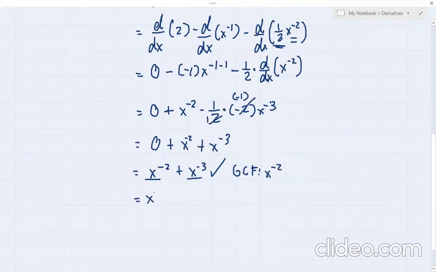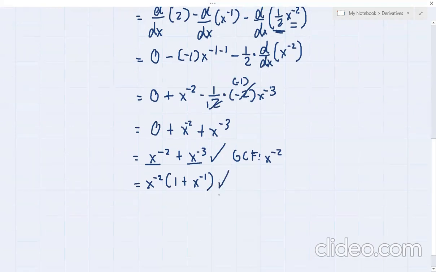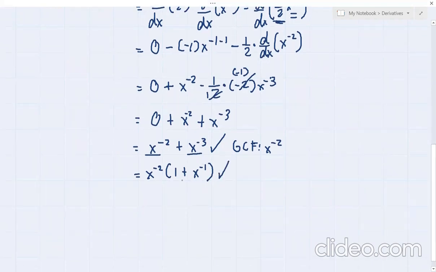So, we will have x raised to negative 2 times quantity 1 plus x raised to negative 1. So, pwede na rin to. Or kung ayaw mo ng negative na exponent, so we can just bring it down. Ito. Okay, so we will have 1 plus 1 all over x.